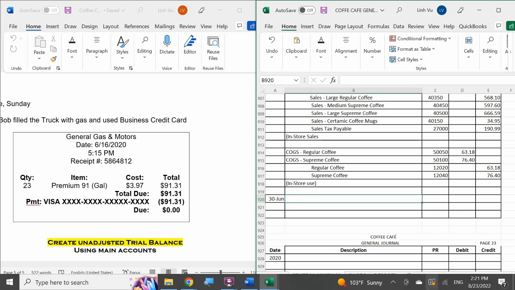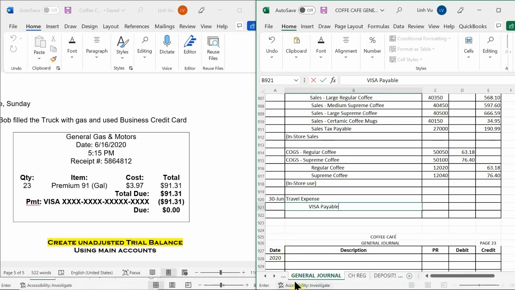We used the travel expense for the gasoline money. So we got some travel expense for the debit, and then we use the Visa to pay for it. So that would be our credit, Visa payable. Okay, so let me look up travel expenses.